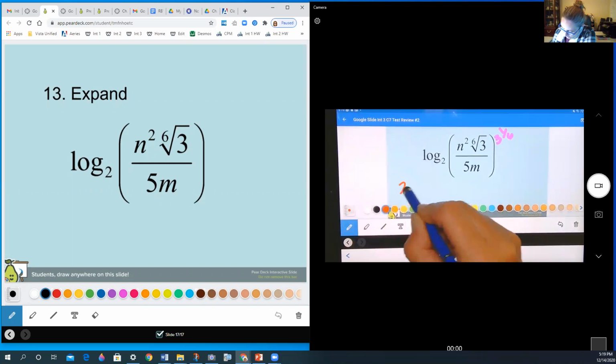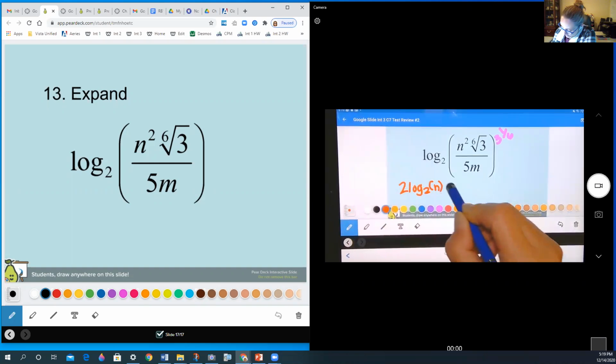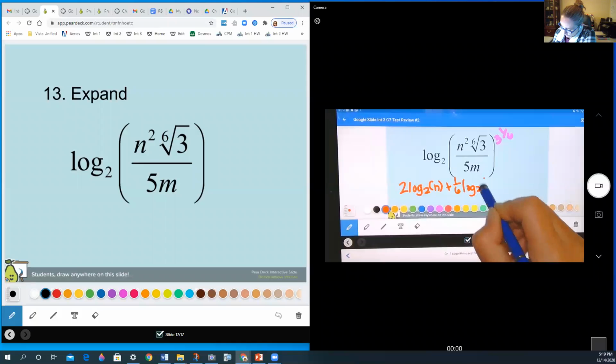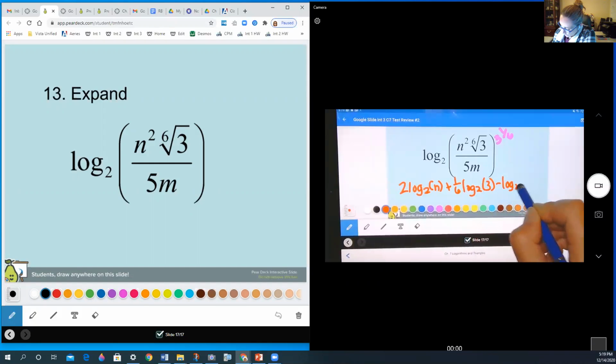So I'm going to have 2 log base 2 of n plus, again, that's a 1/6, so 1/6 log base 2 of 3 minus log base 2 of 5 minus log base 2 of m. And that's going to be your answer.